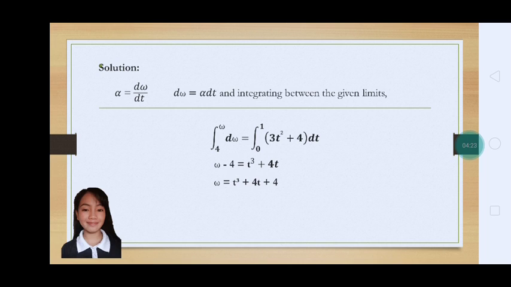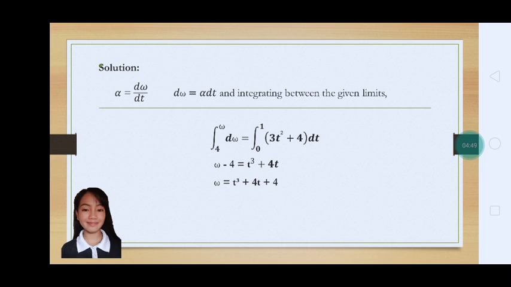So, substituting and calculating, omega minus 4 is equal to t cubed plus 4t.